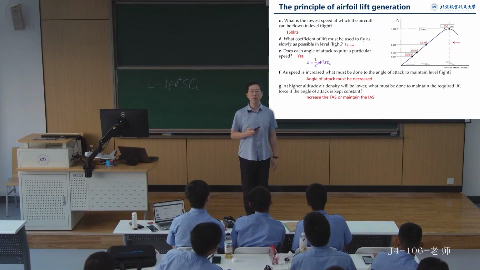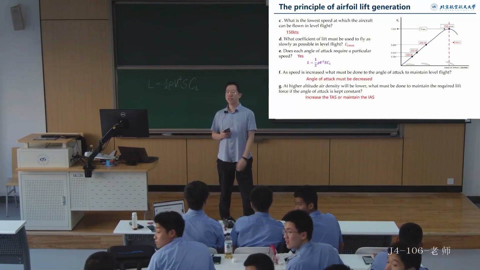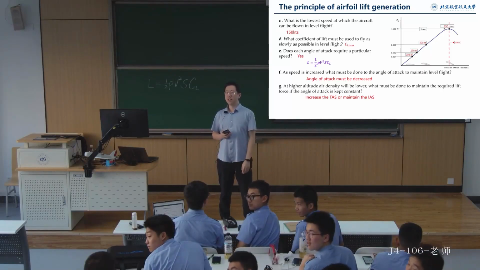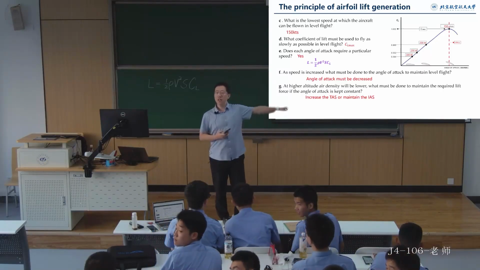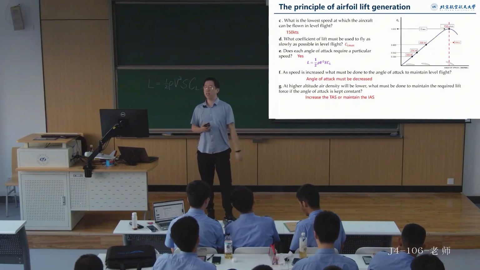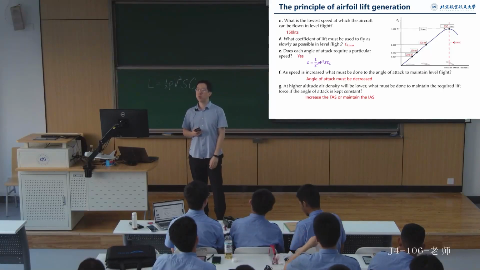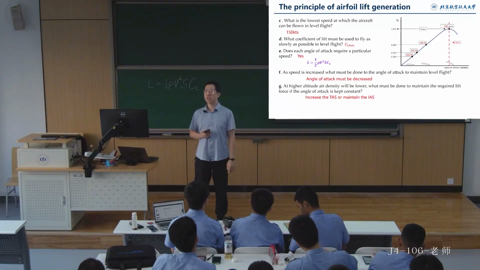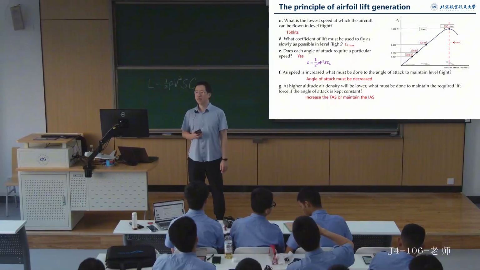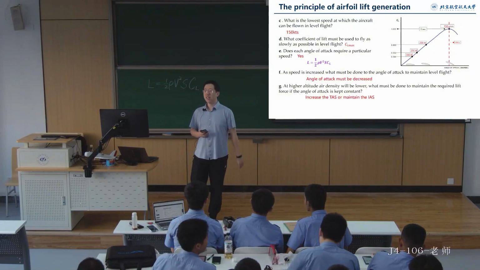What should the corresponding expression be at this moment? Why doesn't it change? I'll ask the student at the very back over there. The plane maintains level flight at a high altitude, and then, if the angle of attack remains unchanged, what should its true airspeed be at this moment? Can the student in front of you tell us?